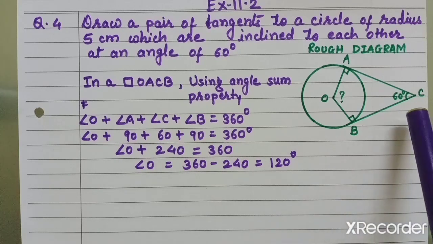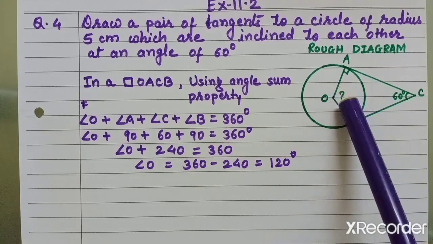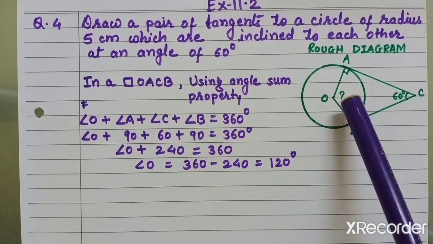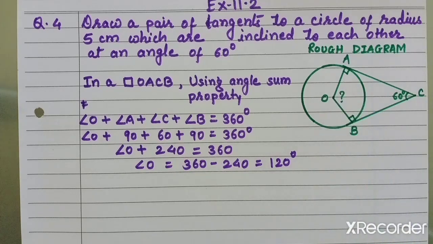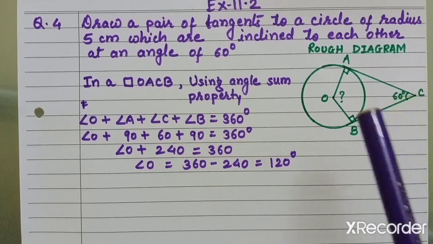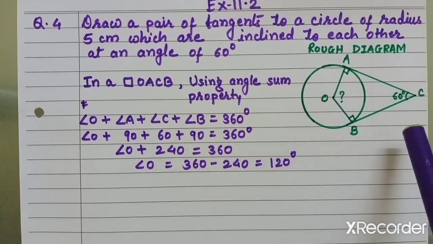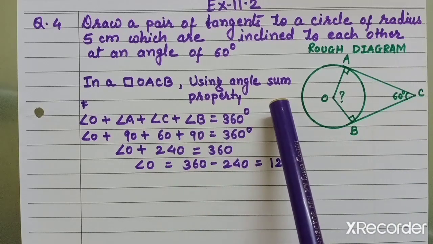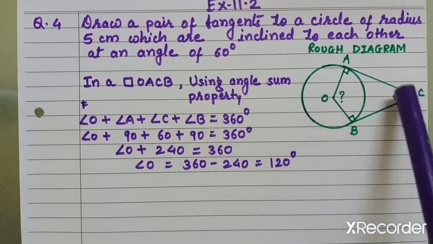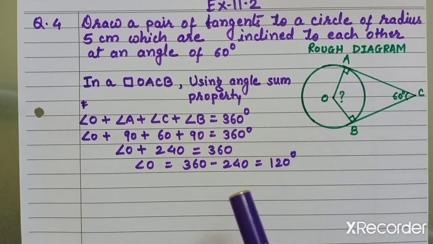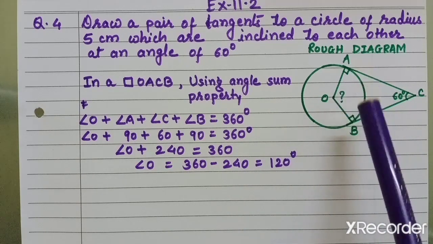Okay, but we cannot draw this 60 degree angle as we have not been given the distance at which this point C is located. So what we will do, we will try to find out this central angle because it is easy to draw the central angle. So this OACB is a quadrilateral. We know a tangent is perpendicular to the radius at its outer end.